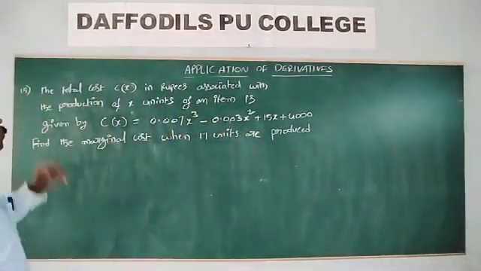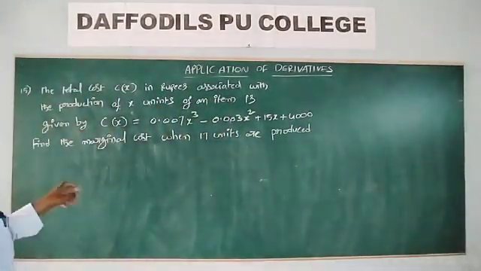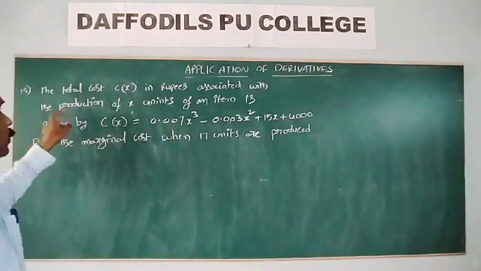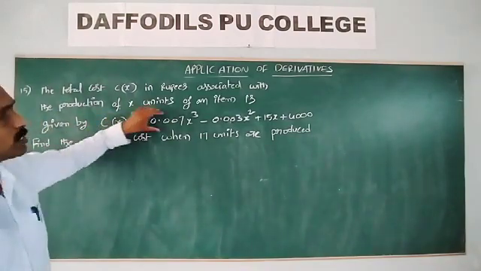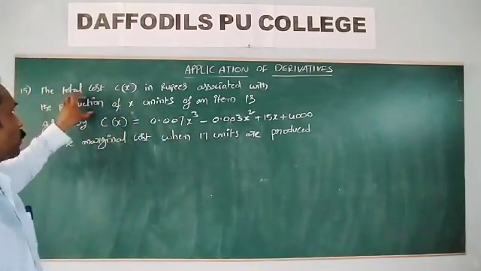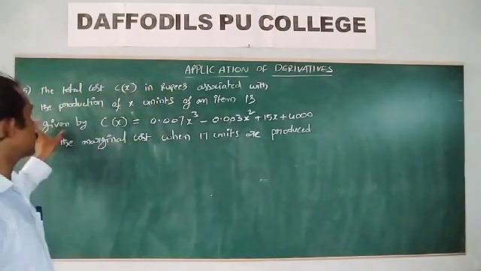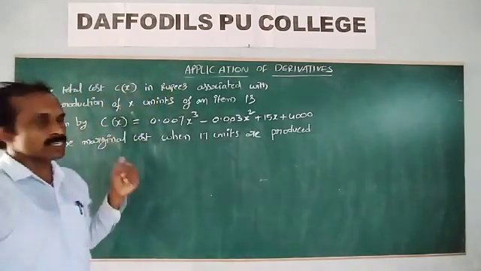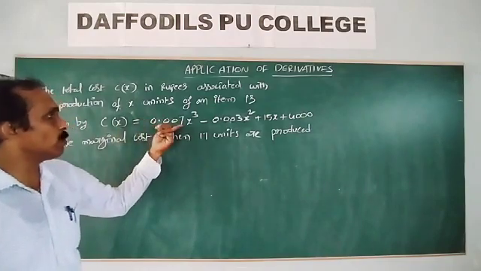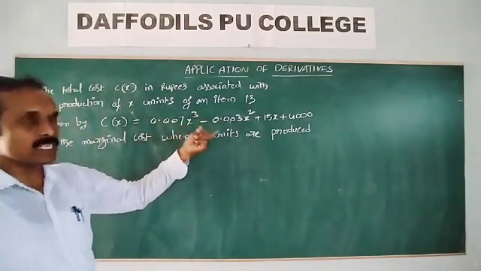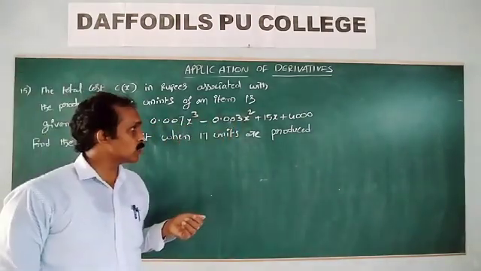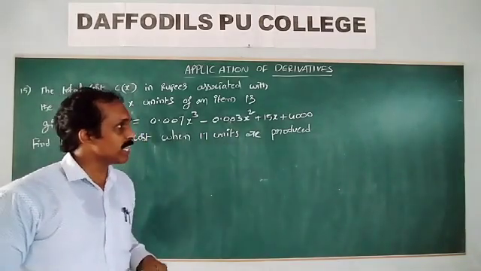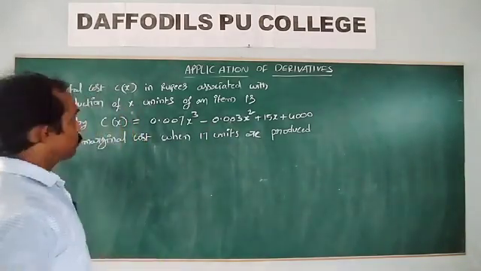Okay, listen. The total cost C of x in rupees associated with the production of x units of an item is given by the function C of x is equal to 0.007 x cube minus 0.003 x square plus 15x plus 4000.